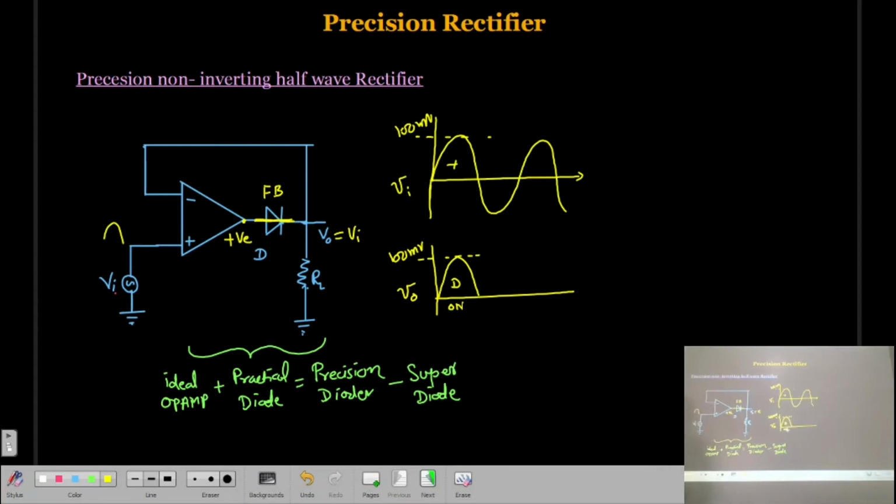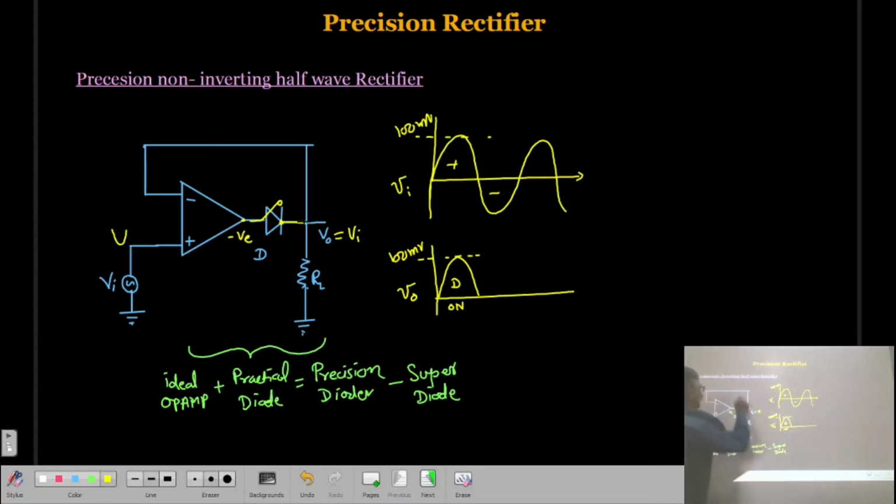When the negative cycle comes, remember, when this negative cycle is present at the input, means we are talking about this one, then at this point we have a negative voltage. Here the output of the op-amp will be negative. Means the diode D will be in reverse bias, and this will work as an open switch.